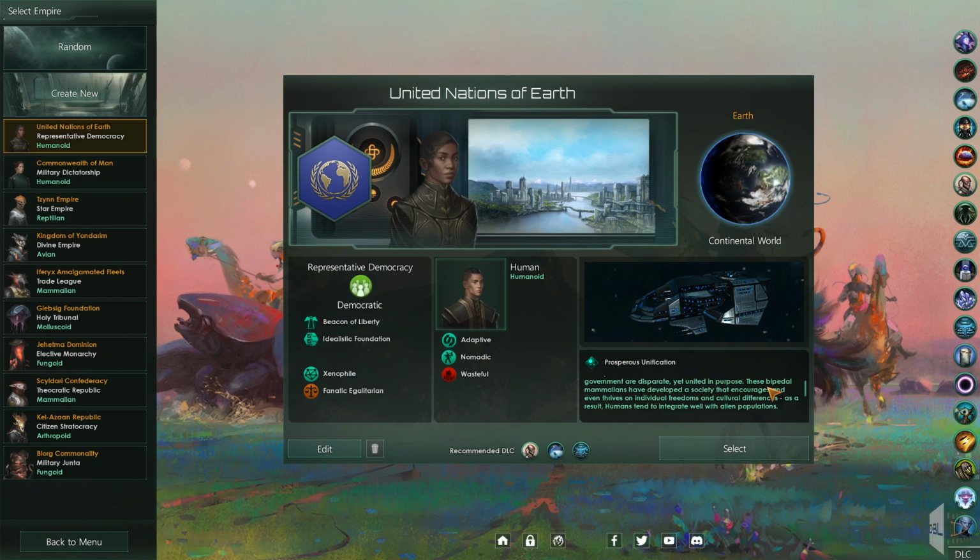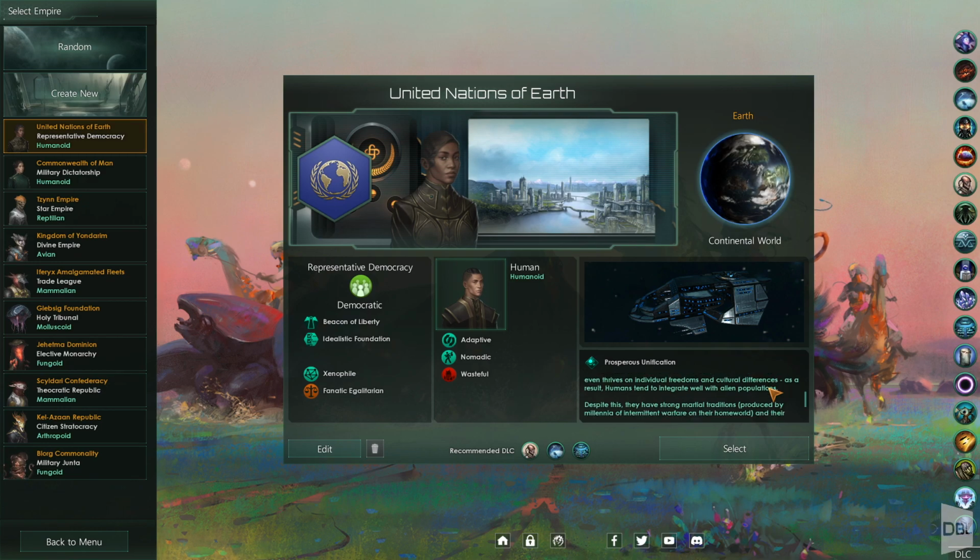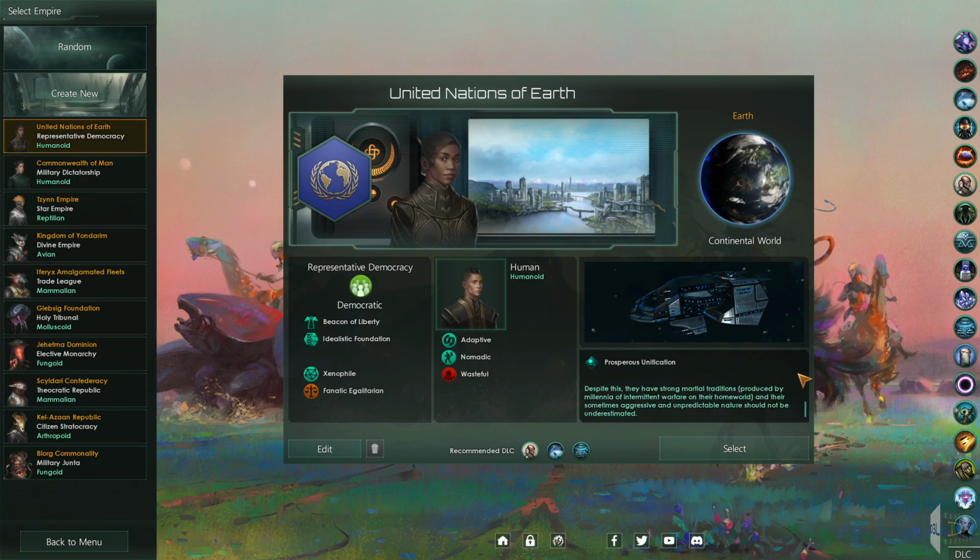As a result, humans tend to integrate well with alien populations. Despite this, they have strong martial traditions produced by millennia of intermittent warfare on their homeworld. And their sometimes aggressive and unpredictable nature should not be underestimated.